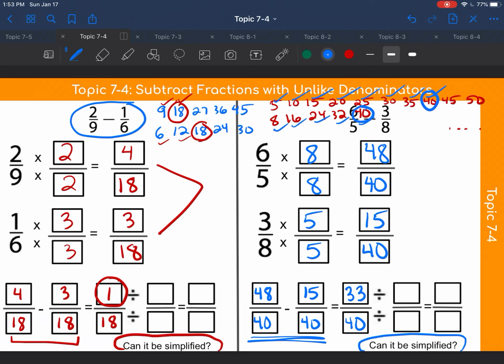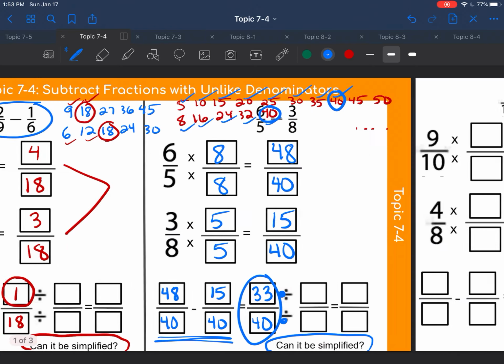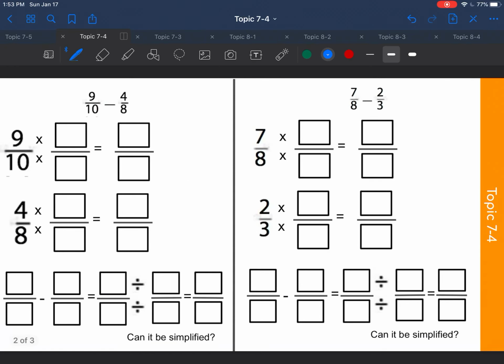Automatically, when you get an answer, you should think in your head, can I simplify? In this case, there is no number that both 40 and 33 can be evenly divided by. So it cannot be simplified. Our answer is 33/40.